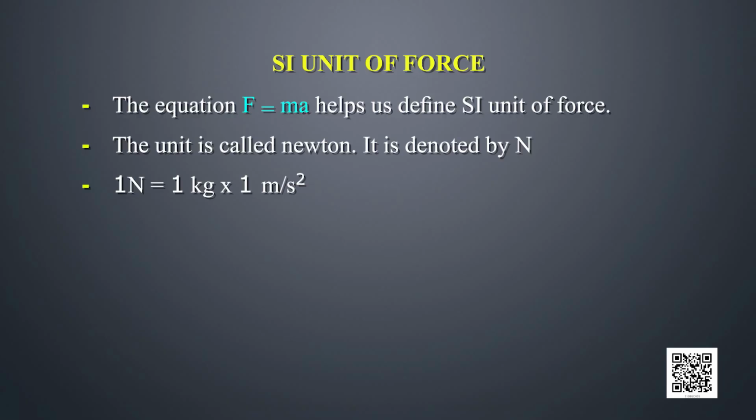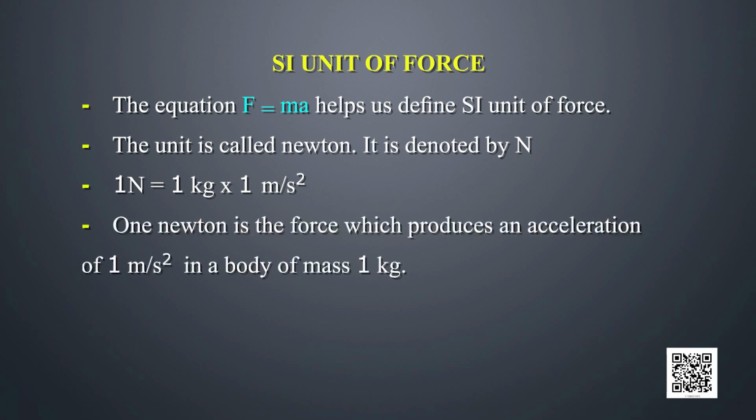The unit always starts with a small letter n. We have 1 newton equal to 1 kg into 1 meter per second square. For the definition of SI unit, we say 1 newton is the force which produces an acceleration of 1 meter per second square in a body of mass 1 kilogram.